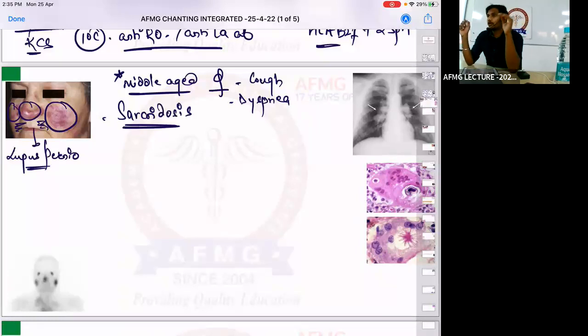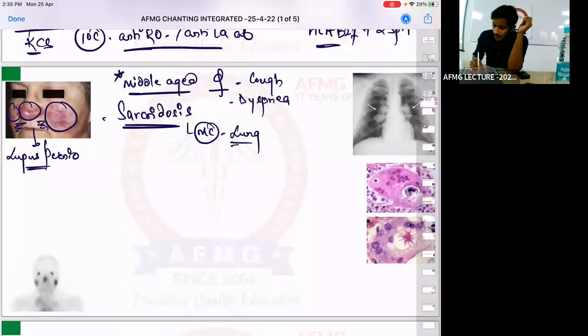Please remember, sarcoidosis can have multi-system manifestation, but the most common organ involved is the lung, followed by skin. In skin, we can see this purplish lesion usually involving the nasolabial folds, tip of the nose, and the cheeks.